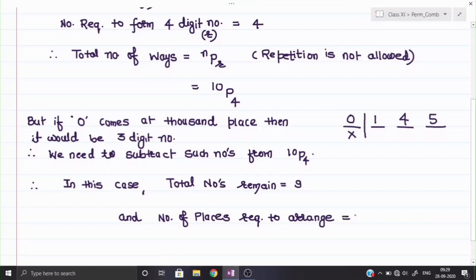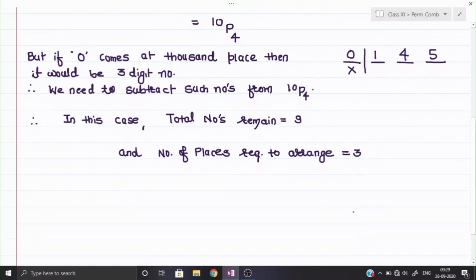That is 3. So the situation is we need to arrange only 3 places from the 9 numbers.